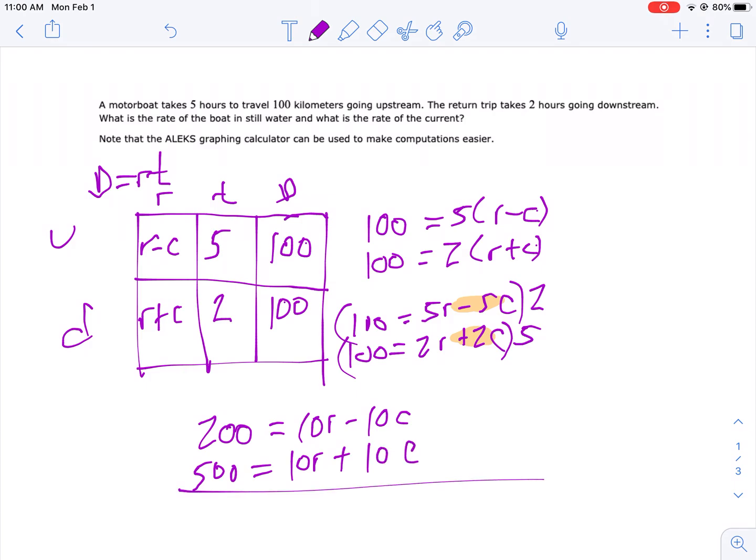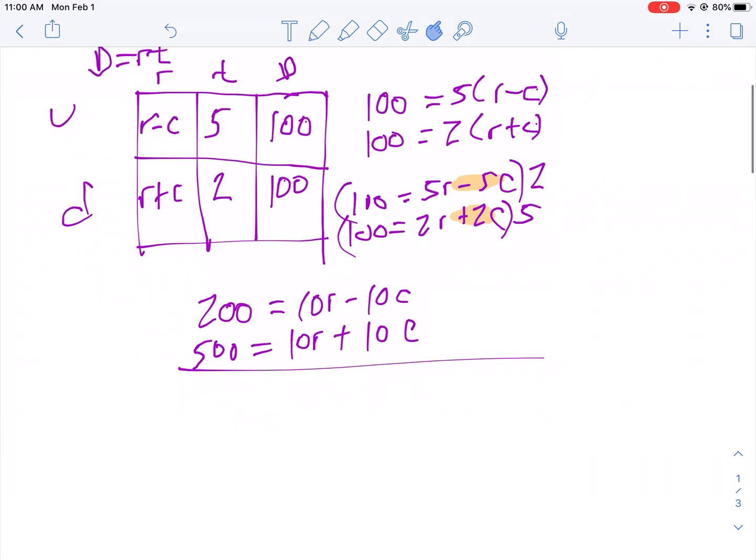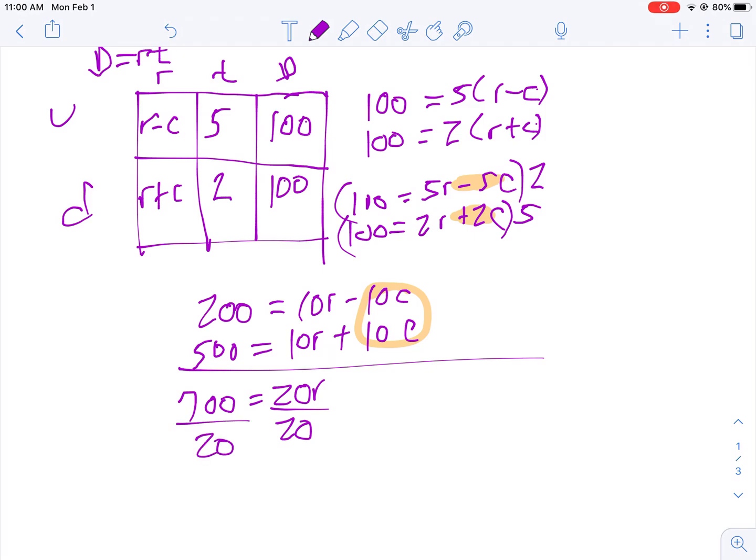Now if I add those together, we get 700 equals 20r. Notice my c's. The reason I did that, the c's, negative 10c plus positive 10c, they cancel. So I'll divide each side by 20. So r then is 35, isn't it? Because the zeros cancel, 2 goes into 70 35 times.